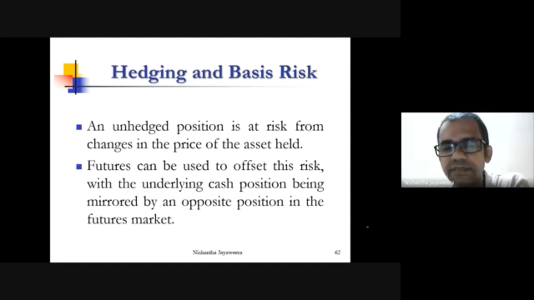Pricing is the same. So even if you want to hedge your position using a futures contract, you enter a futures contract in the opposite direction. If you have a long position, you sell a futures. If you have a short position, you buy a futures. Is it clear?